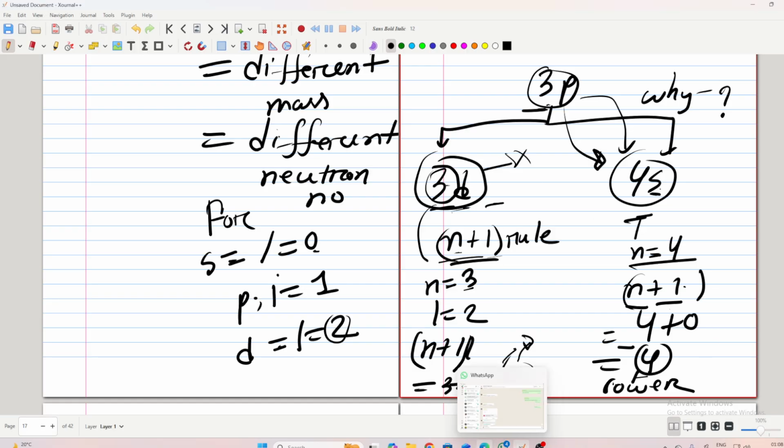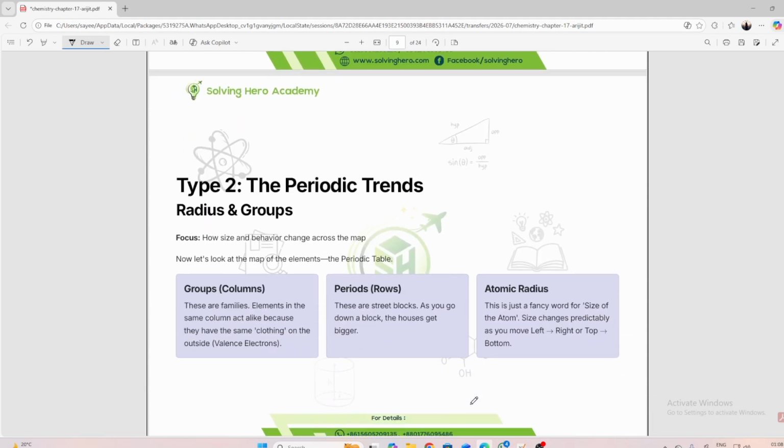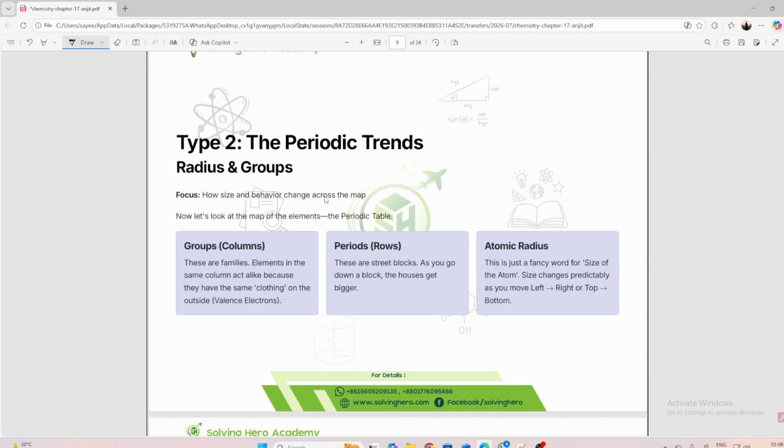So hopefully I have cleared the concept, or you have already understood the topic. The next topic is the periodic table, or periodic trends. So now we will read about periodic trends. Clear? Look, the first topic is radius and group.